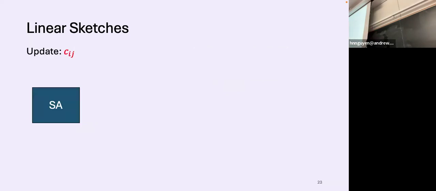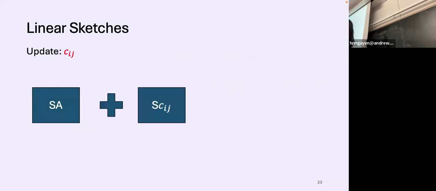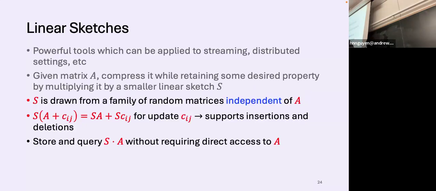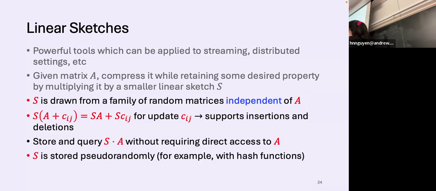This is just the visual representation. I have SA, an update comes in, I sketch it, and then I have successfully maintained my sketch. And why are these two things important? All of this is saying is that I can store and I can query SA at the end, and I never require storing A itself in its entirety. All I'm storing is basically a k by d matrix.